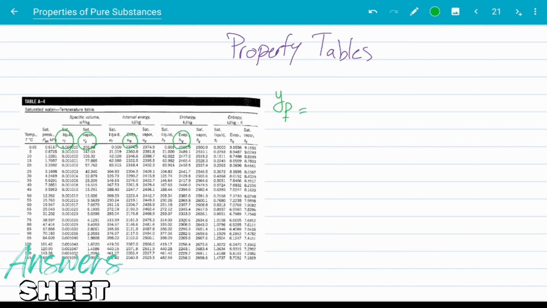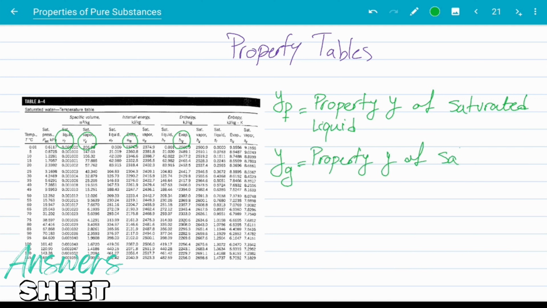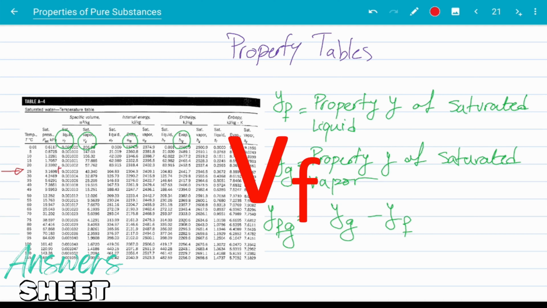Now, property y of f represents the property y of the saturated liquid. y of g is the property y of saturated vapor. y of fg represents the difference between y of g and y of f. So for example, at the temperature 25 degrees, v of f shows the specific volume of the saturated liquid, and v of g represents the specific volume of the saturated vapor.